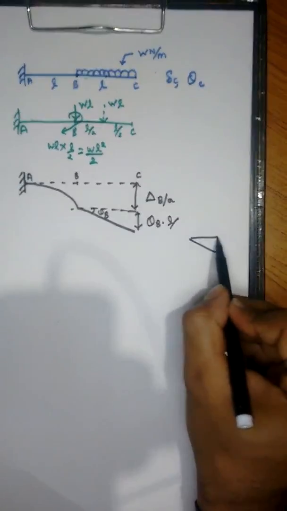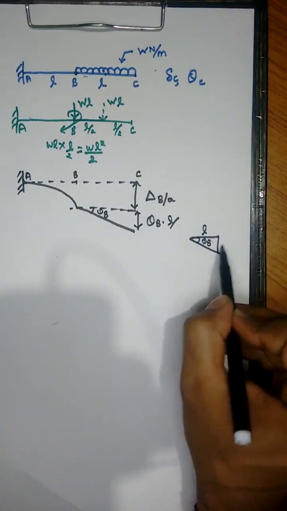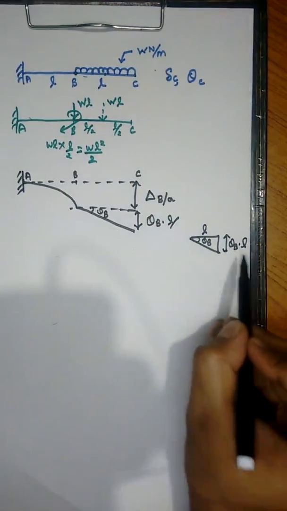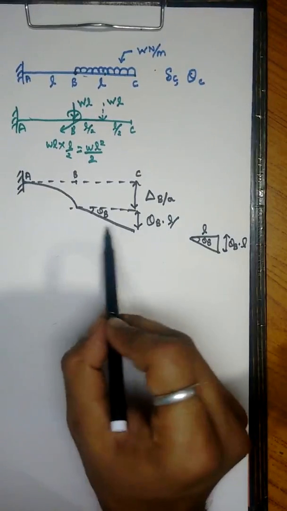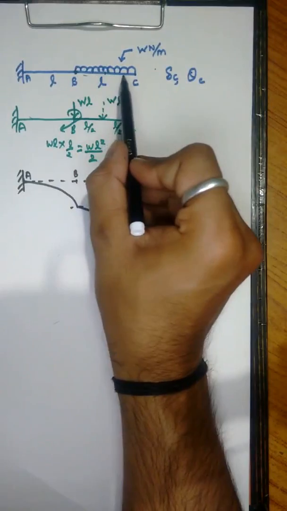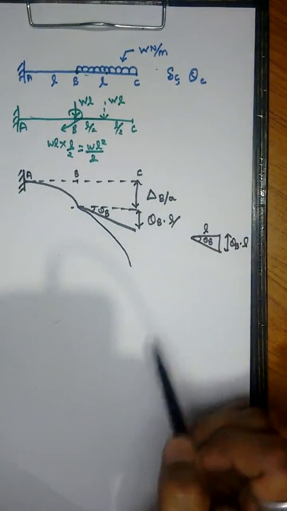Again from the triangle, this is angle theta B, this is say L, so this is theta B into L. In the region BC we have a UDL, uniformly distributed load, so this region will again deflect in this manner.